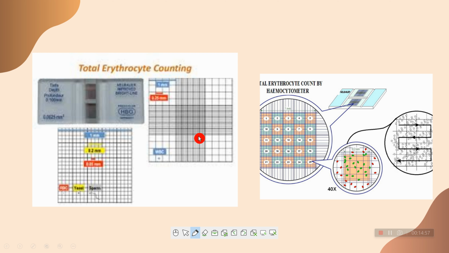Then the red blood cells are counted in this mid chamber. It consists of 5 into 5 boxes, that is 25 boxes, 1, 2, 3, 4, 5 and 1, 2, 3, 4, 5. So it consists of 25 sub-chambers in which the red blood cells are counted.